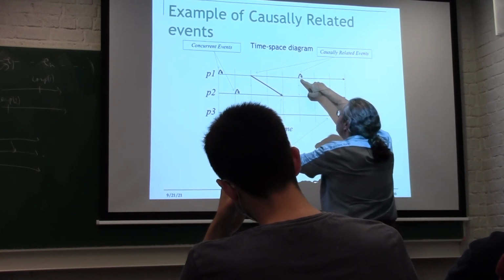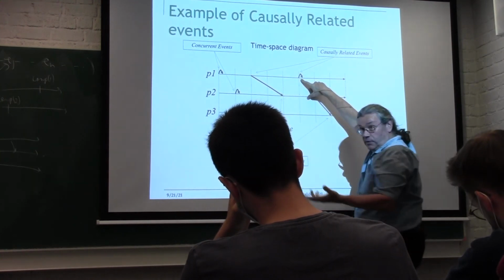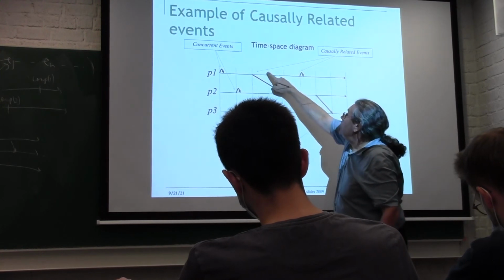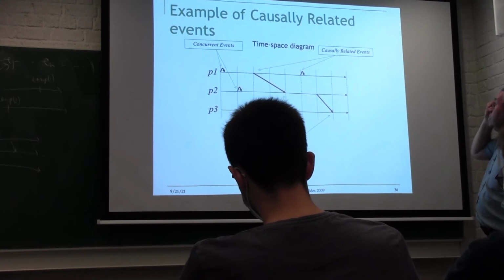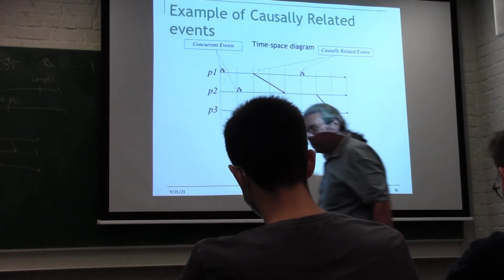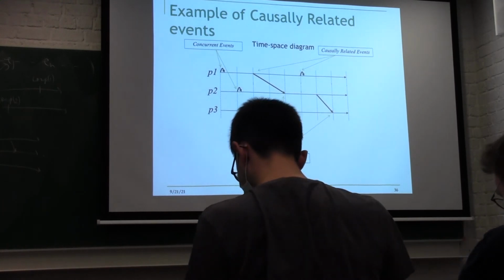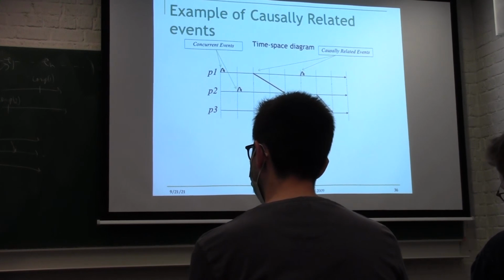There are different ways to say it. You can say there's no causal chain between them, according to our definition. You can also switch them. You can put this one here and this one here, and it will not change the final result. So they're concurrent. Okay, so that's reasonable. You see causality?